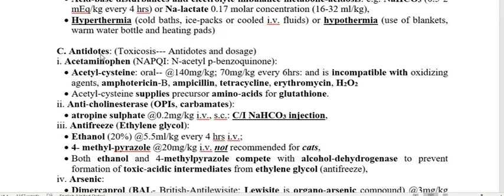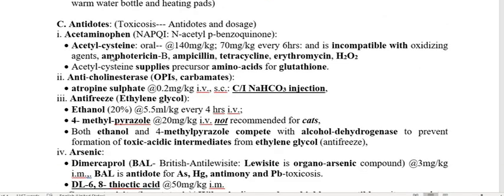That is called an antidote. So antidotes are the agents that we give to the poisoned animal for that particular toxicant, and this is called antidotal therapy. Take the examples one by one.